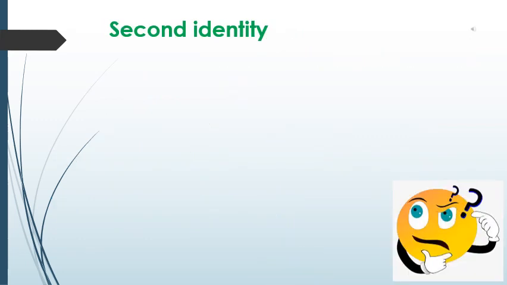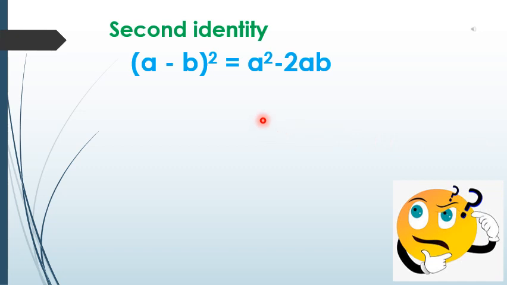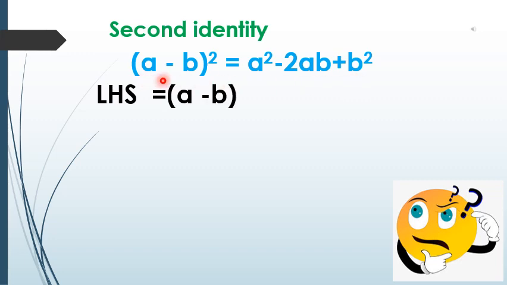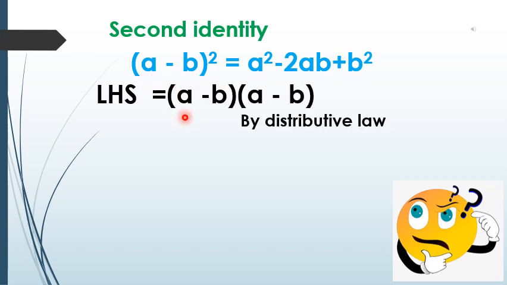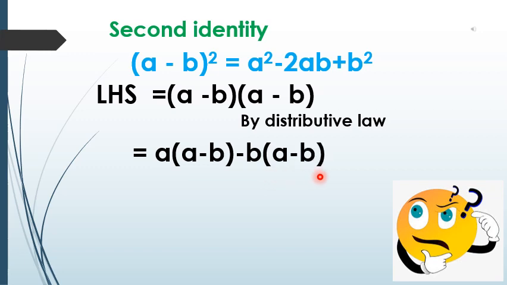Now we will see the second formula, that is (a - b)² = a² - 2ab + b². We can write it as (a - b) into (a - b), which is equal to a into (a - b) minus b into (a - b).